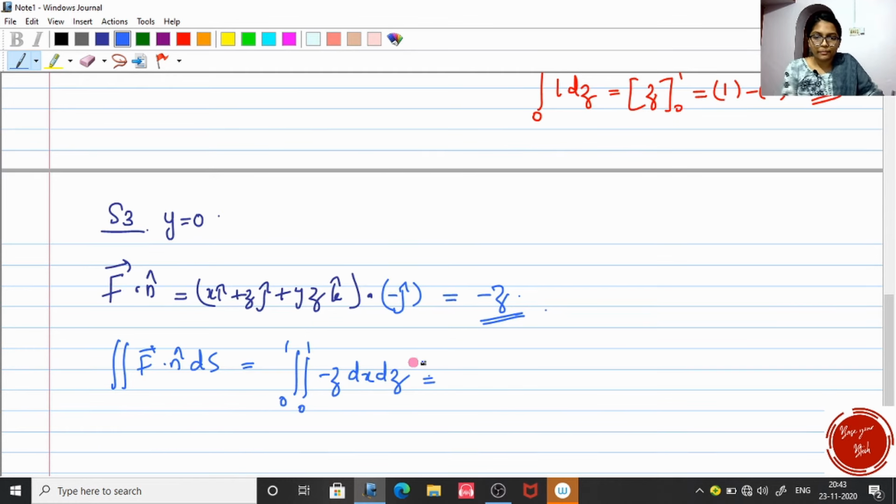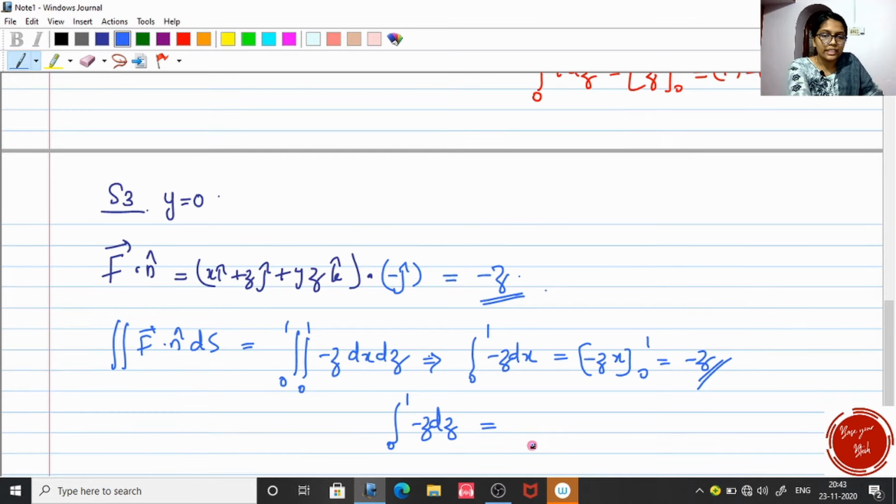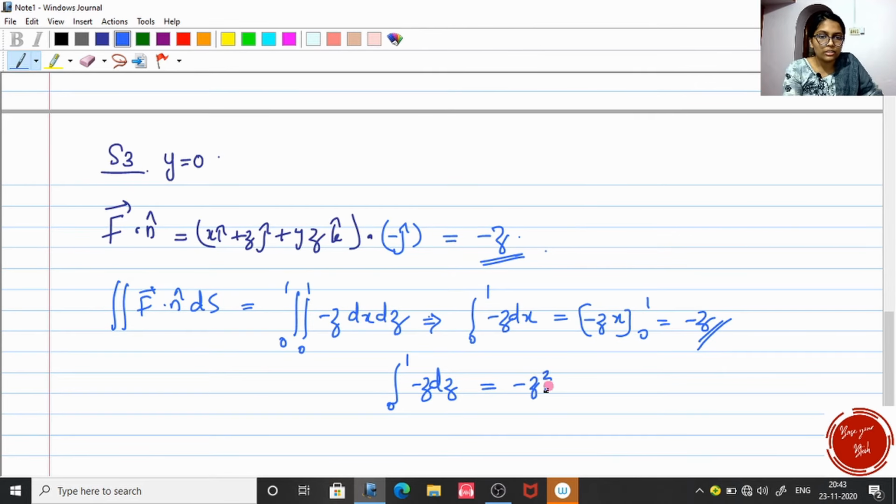Let's do the inner integral first, integral 0 to 1 of negative z dx, it is negative zx in the limits 0 to 1, which is negative z itself, and the outer integral 0 to 1 of negative z dz. What is that? It is negative z square by 2 in the limits 0 to 1. So, the upper limit is negative 1 by 2 minus the lower limit, which is simply 0. So, negative half is your value for the S3 surface.